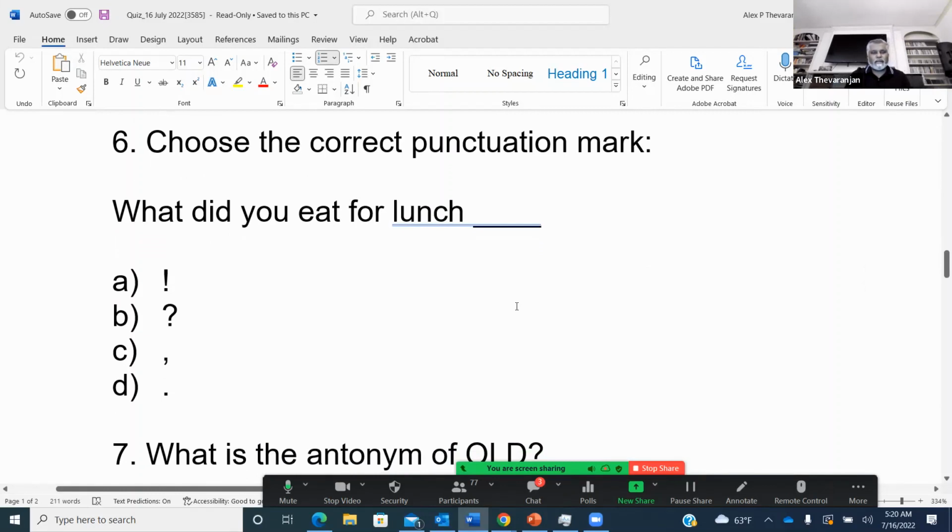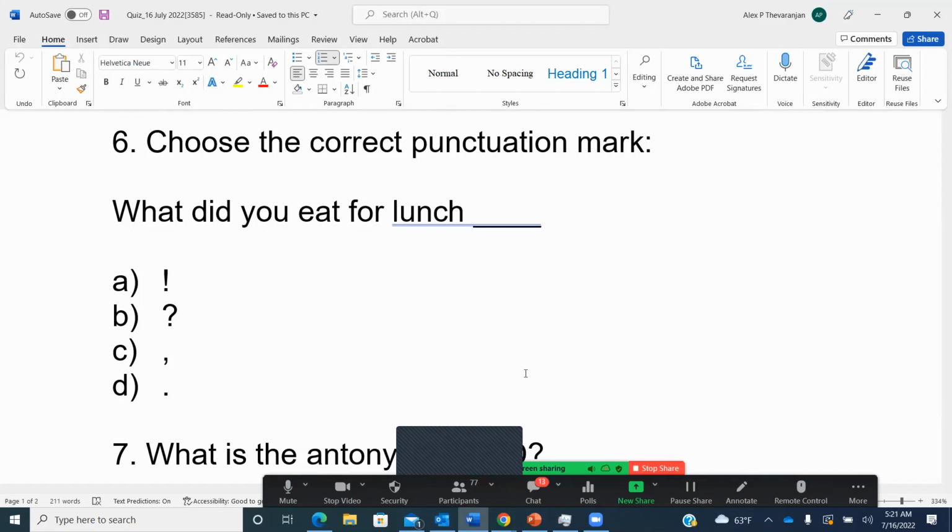Choose the correct punctuation mark. What did you eat for lunch? Exclamation mark, question mark, comma, full stop? Pastor Christina.